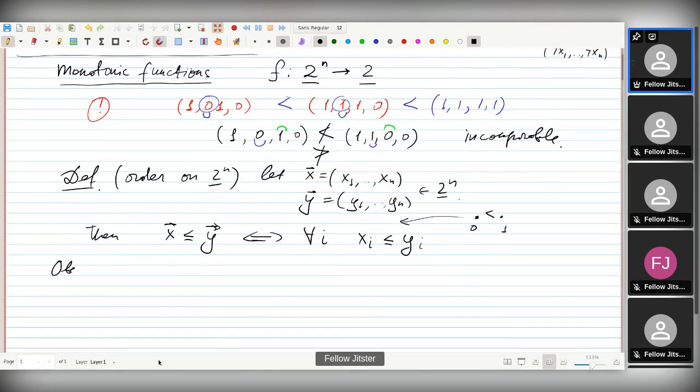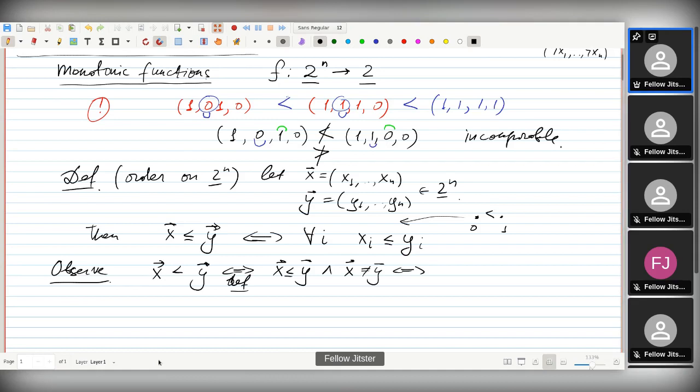It is easy to observe what its strict counterpart is, when one tuple is strictly less than another one. By definition, that means that it is less or equal, but not equal.